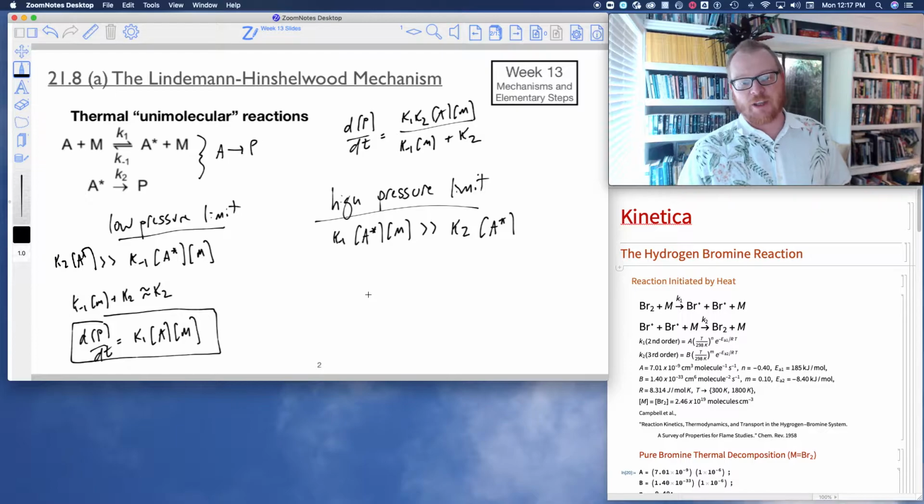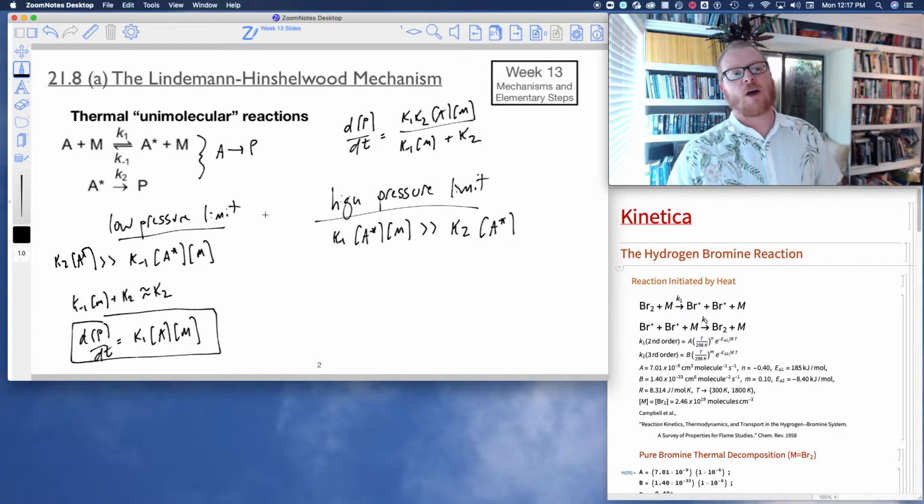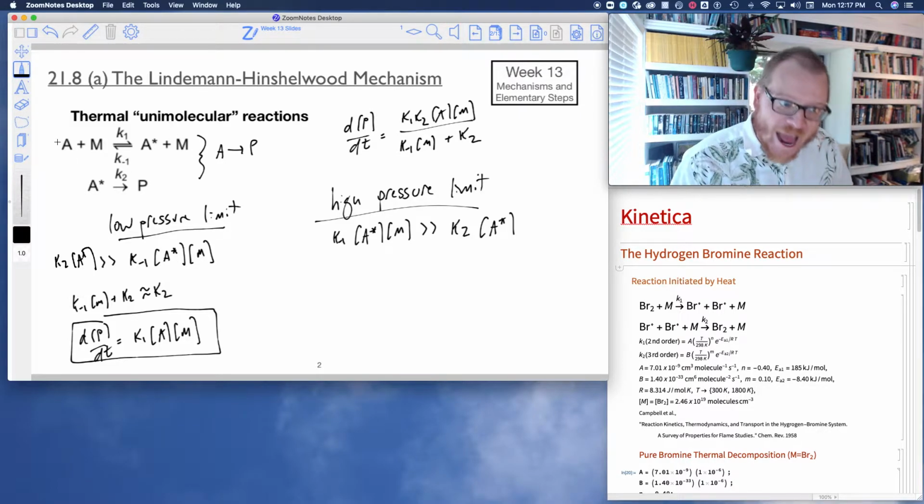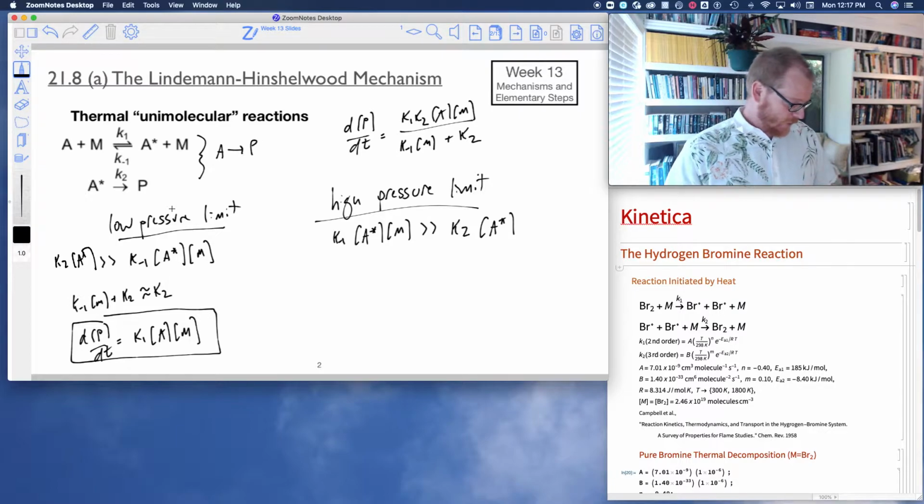So in the high pressure limit, when there's enough of this second body around, K minus 1 dominates. So the reaction is more likely to go back to reactants than to go to stable products. And so what do we get out of that?